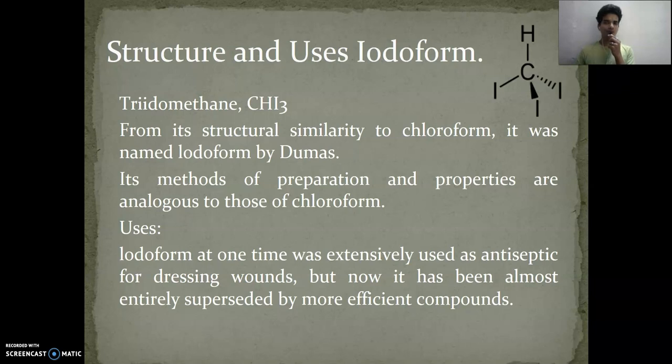One time iodoform was extensively used as an antiseptic for dressing wounds, but now it has been almost entirely superseded by more efficient compounds. It is not used nowadays, as lots of different compounds are available for use as antiseptics.